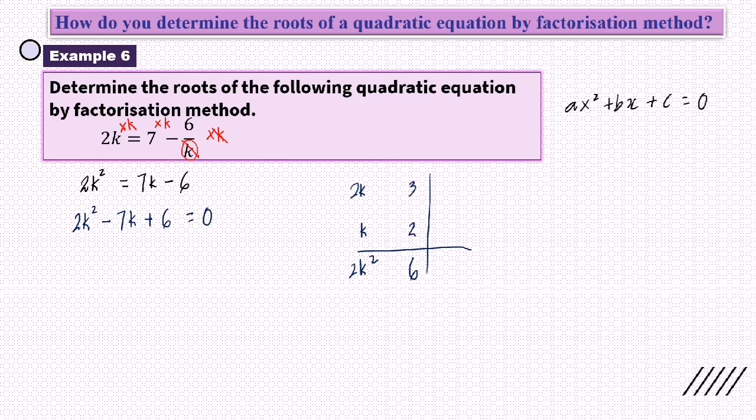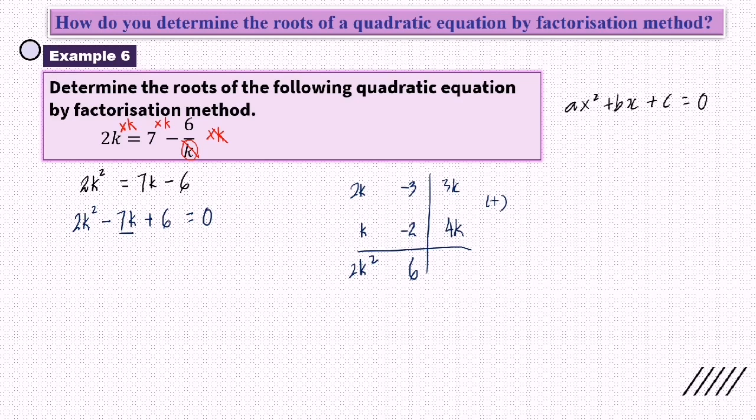So if I do the cross multiplication, 3k, here 4k, correct or not? Can get 7k? I will obtain positive 7k. So I need to put negative here. Okay, so negative 3 times negative 2 also can get 6.